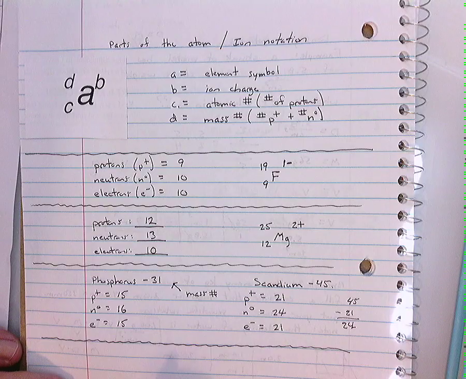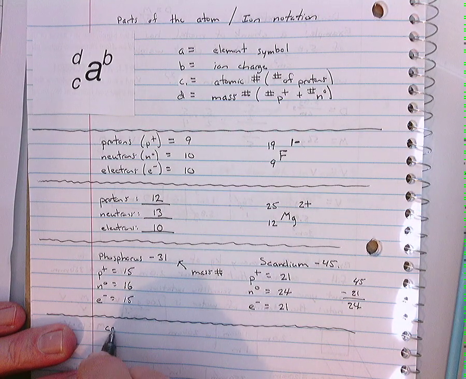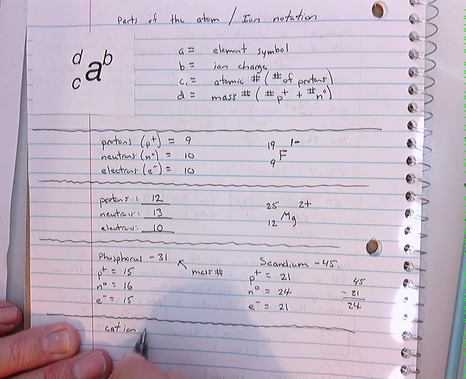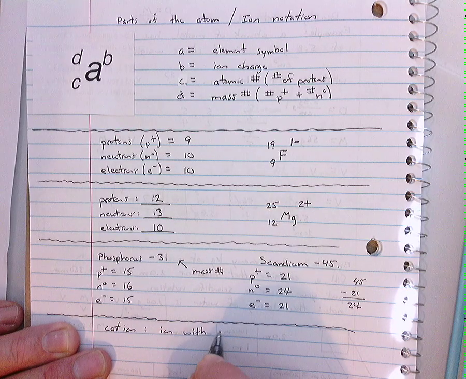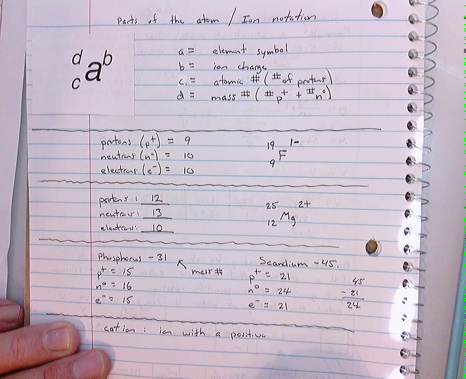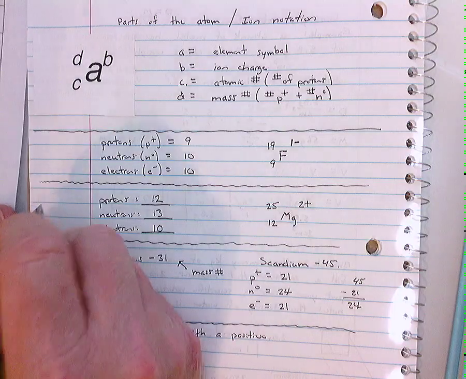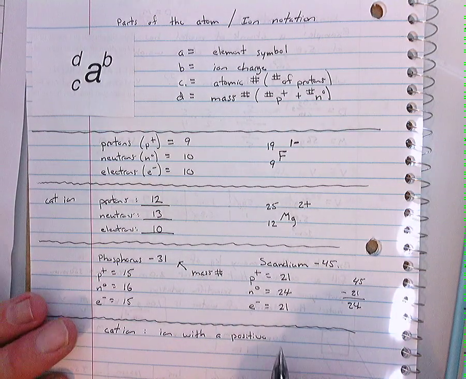A couple of vocabulary terms that we also need to just show. A cation is an ion with a positive charge. So in our example earlier, the Mg2 plus cation is an example of a cation or positively charged ion.